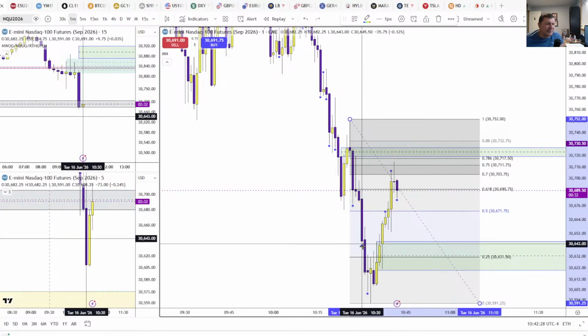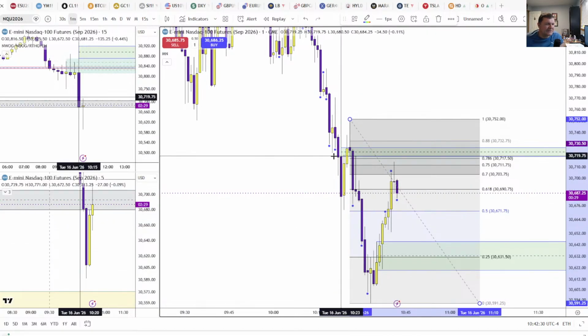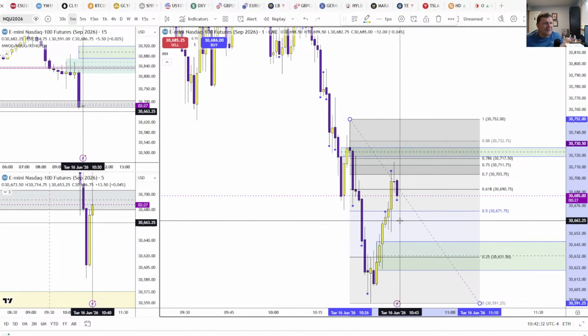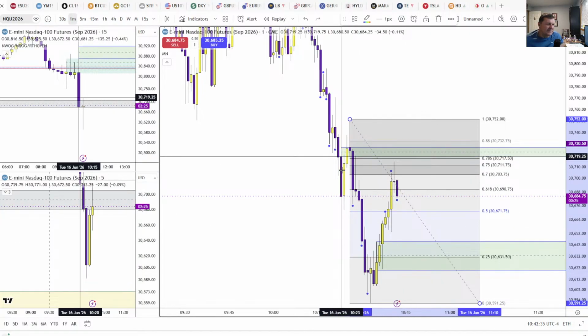So when you're this high up inside this small little range here, you want to see this bull trap let go as a safety. Otherwise you're in the middle of it here.